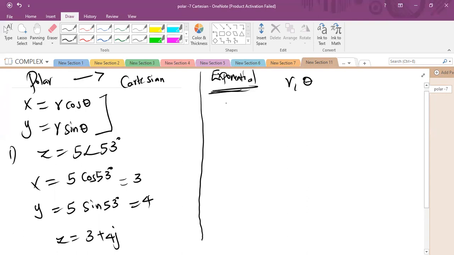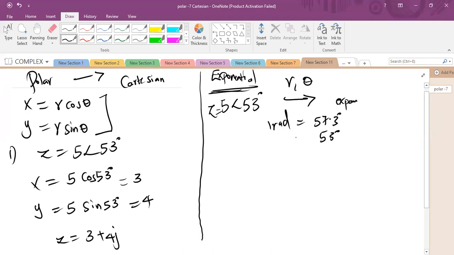So for example, let's say you're given a question, 5 at 53 degrees. This is in polar, and you're required to convert it to exponential. The only thing is that this theta needs to be in rads. So 1 rad is equal to 57.3 degrees. So what about 53 degrees?